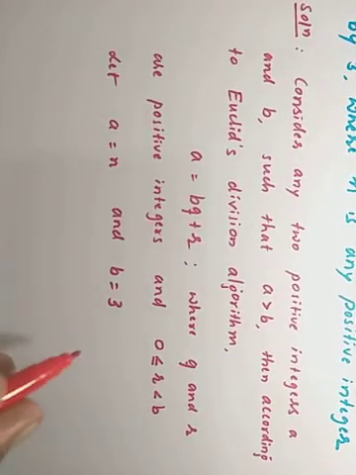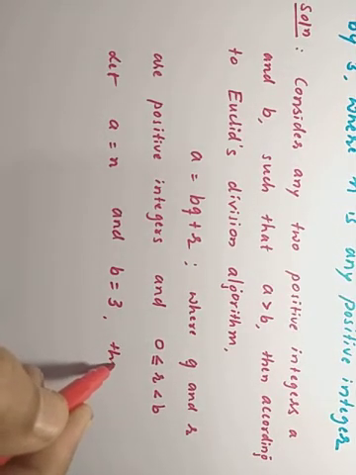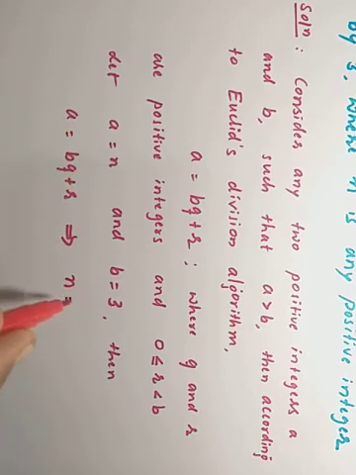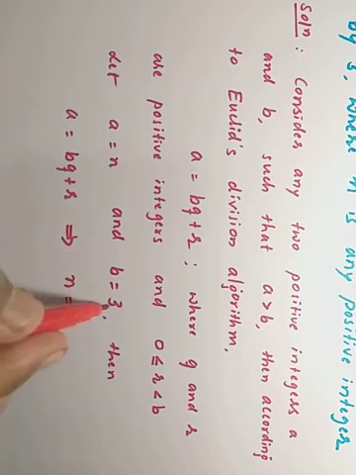Fine. Then we get a is equal to bq plus r, which can be rewritten as a is equal to n, and b is nothing but 3.